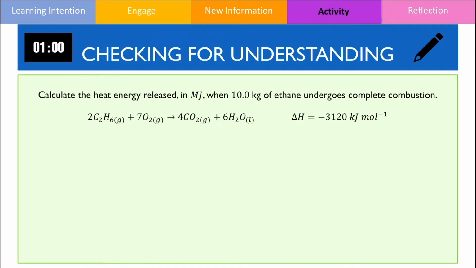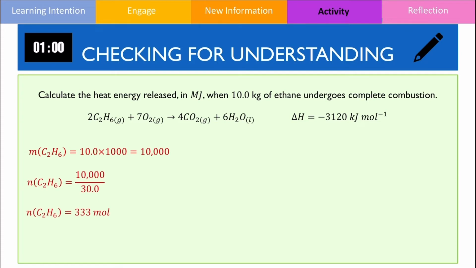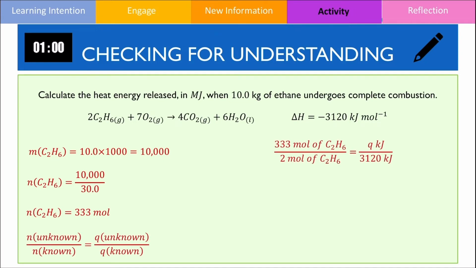In this question, we want to find the heat energy released from 10 kilograms of ethane. To start off, I've converted 10 kilograms into grams by multiplying 10 by 1000, and I proceeded to calculate the number of moles of ethane by dividing 10,000 by the molar mass of ethane, giving me an answer of 333 moles. Using mole ratios, we should now be able to generate the following equation based on the stoichiometric amounts in the thermochemical equation.